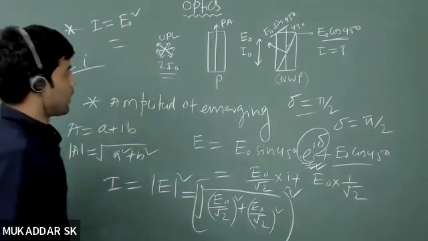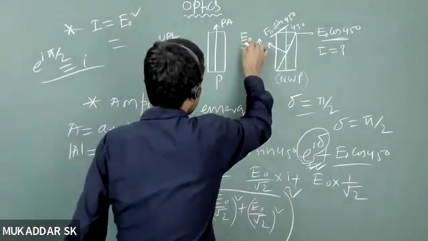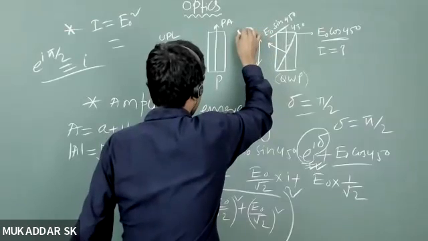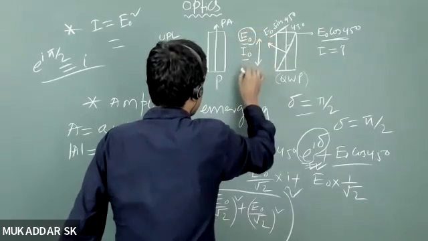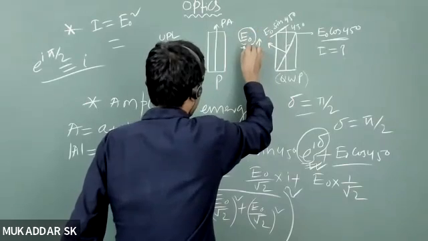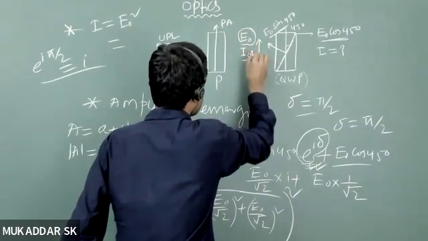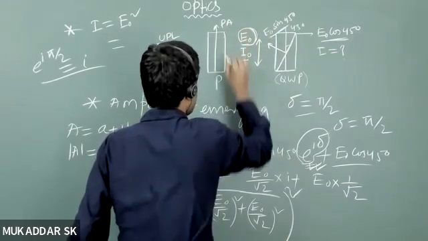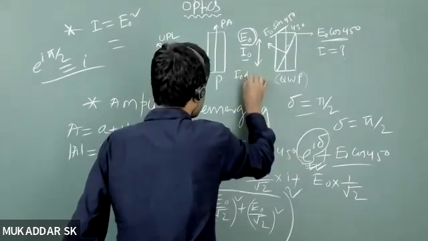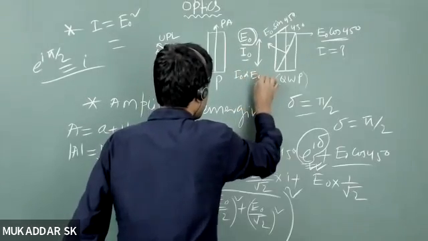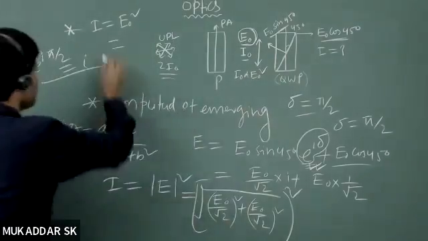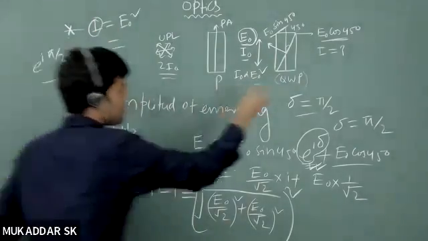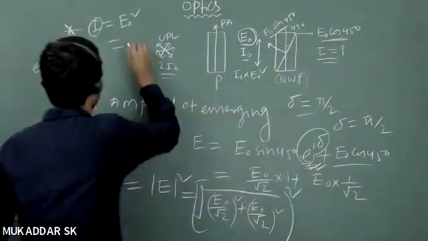And E naught is basically the amplitude of the incident ray. So incident intensity is I naught and incident amplitude is E naught, so I naught is proportional to E naught squared. It means the intensity of the emerging ray will be simply I naught.